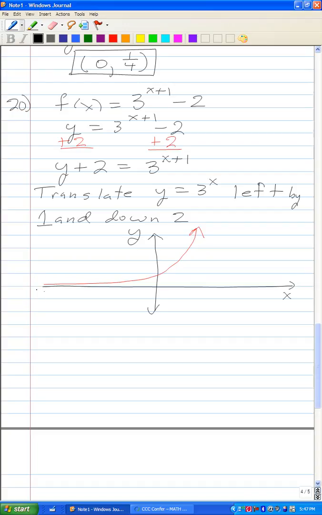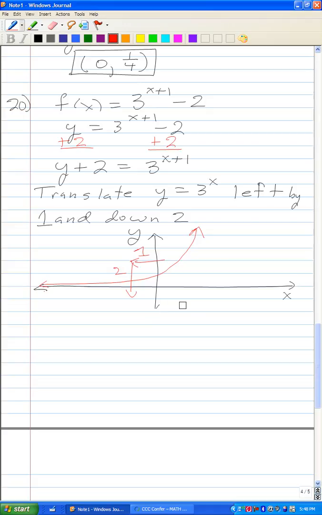Okay, so there. Let's go left by 1 and down 2. Okay, so let's do that.